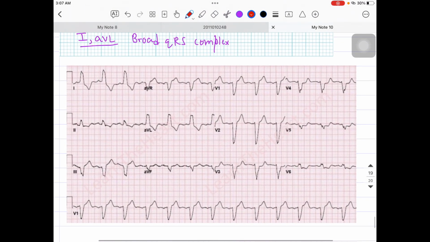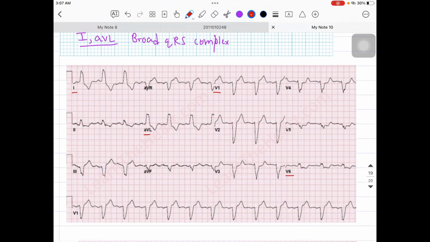So let's find out in this ECG, lead V1, lead V6, and leads 1 and aVL. We need to check these leads for left bundle branch block.